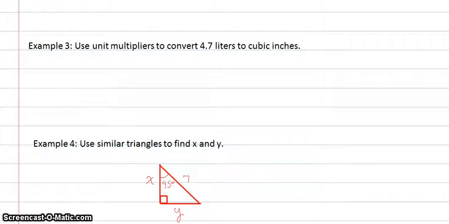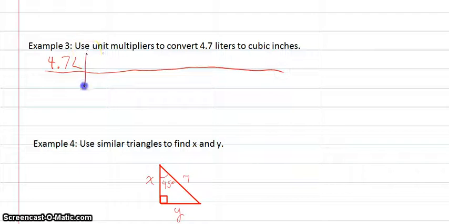And then in the third example, we use unit multipliers to convert 4.7 liters to cubic inches. So I'm starting with 4.7 liters. And then I need to go to cubic inches. So I need to get to cubic centimeters from liters first.